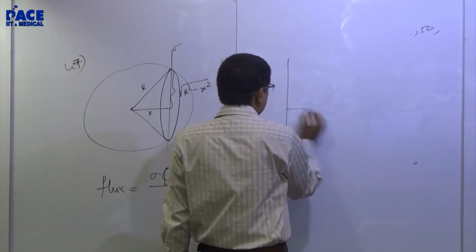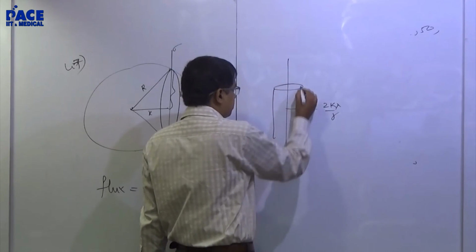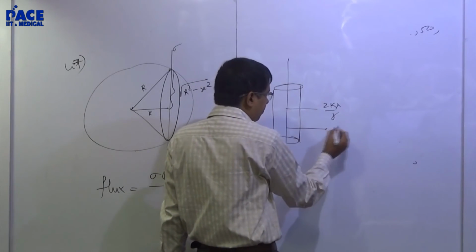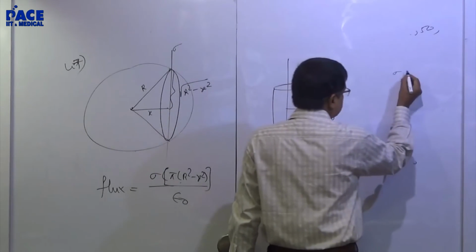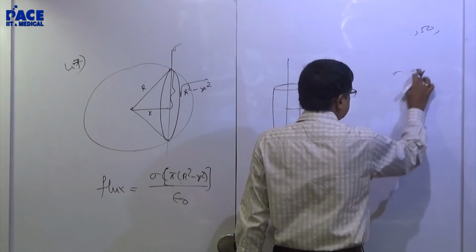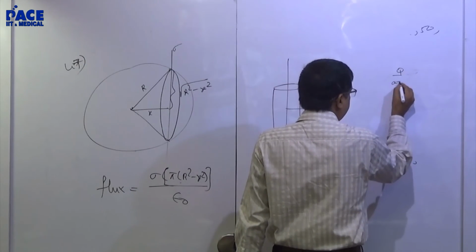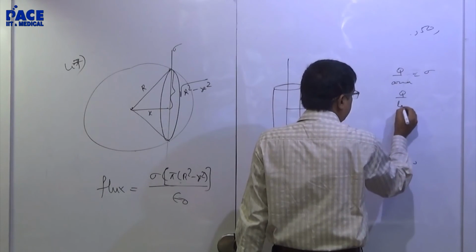See, for a thin wire the field is 2kλ by r. For a cylinder also the field will be 2k by r, σ into r. Sigma is charge per unit area, lambda is charge per unit length.